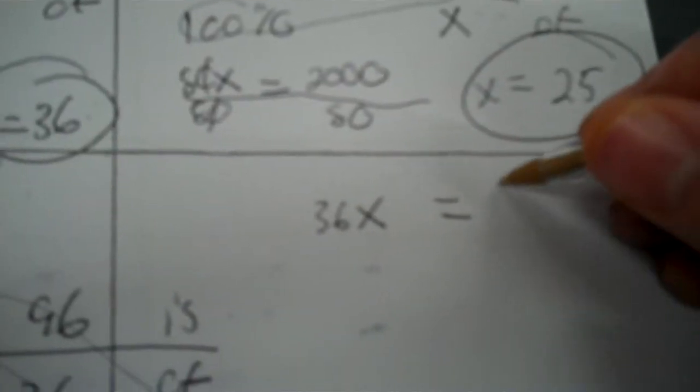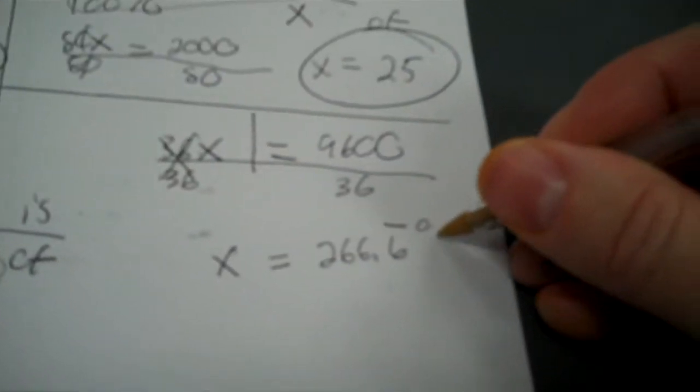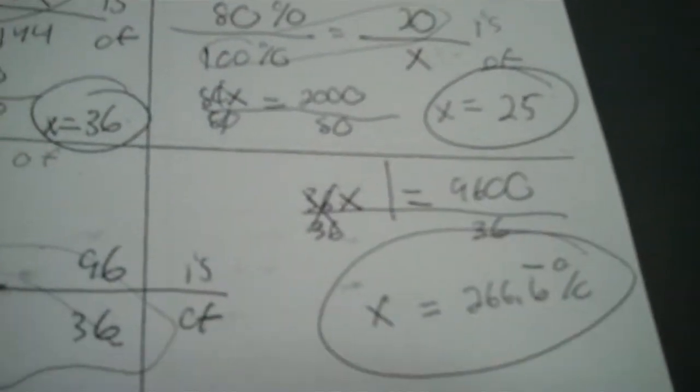That's going to be 9,600. Okay, now I divide by 36. So 9,600 divided by 36 gives me 266.6 repeating. Okay, now my x was in the percent ratio, so it's percent.